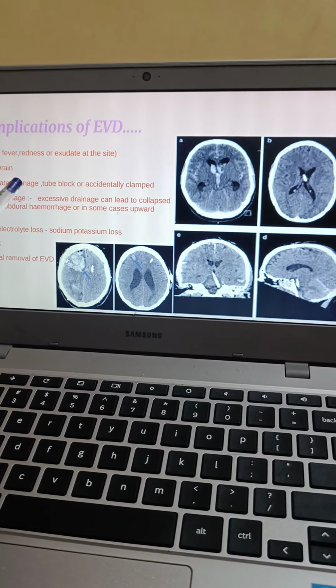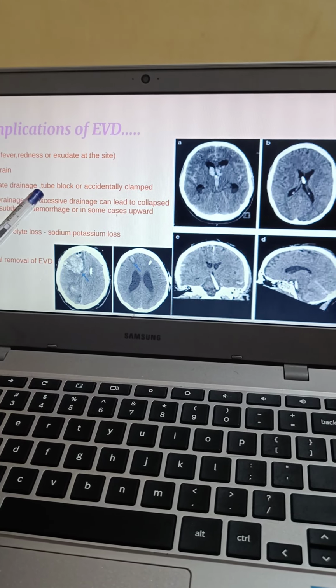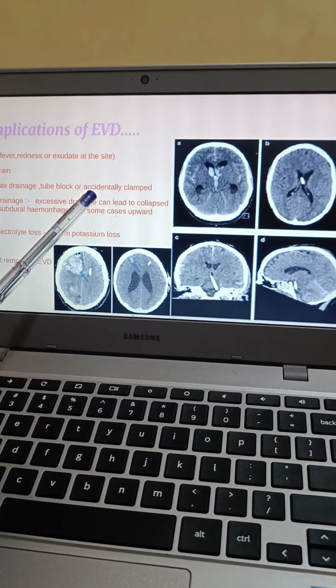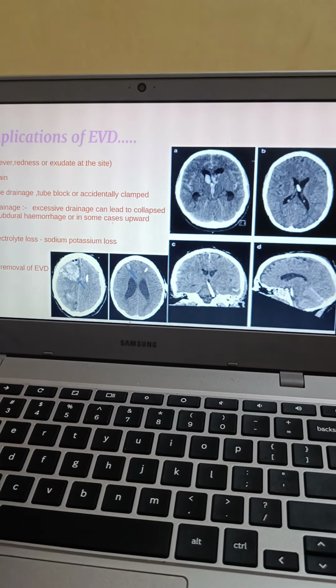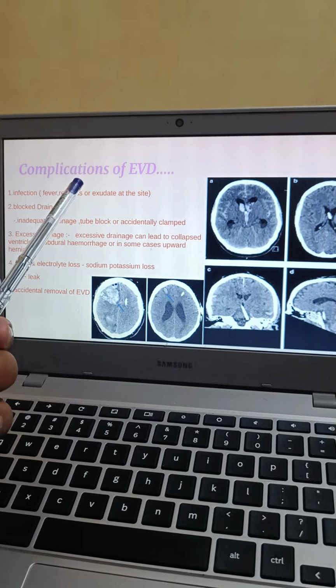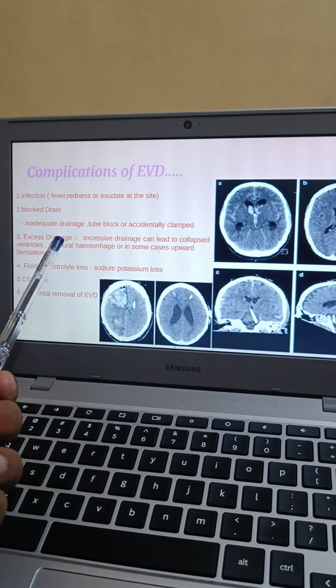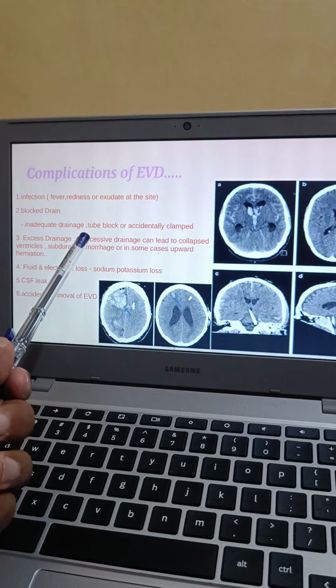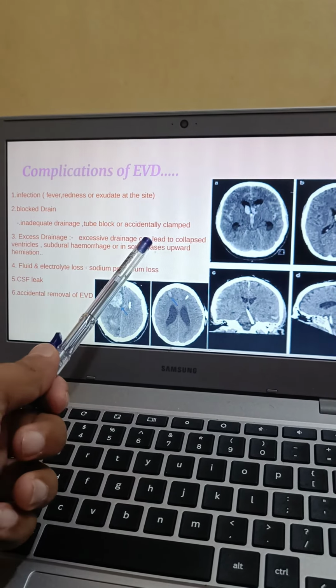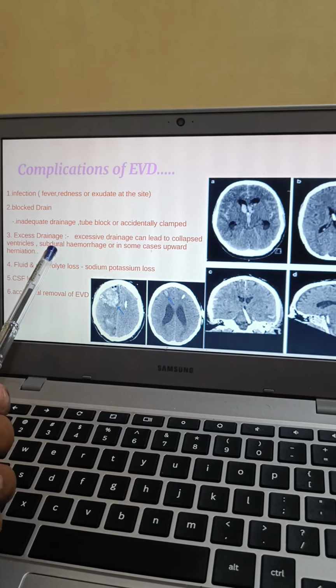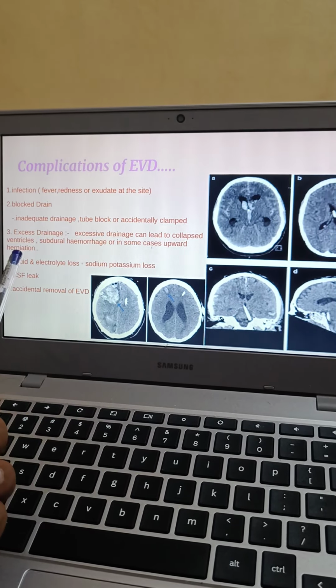Then because of less output in the drainage, the tube can get blocked, and sometimes if clamped unknowingly, it will block the drain. That is also one of the complications of the EVD. Excess drainage because of increased pressure can lead to collapsed ventricles, subdural hemorrhage, and in some cases upward herniation.